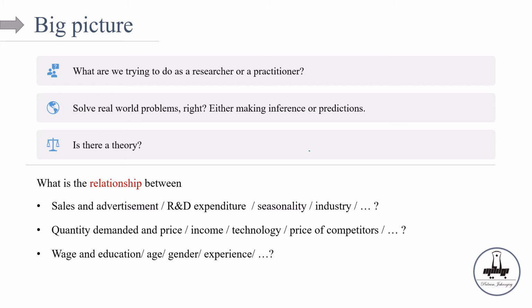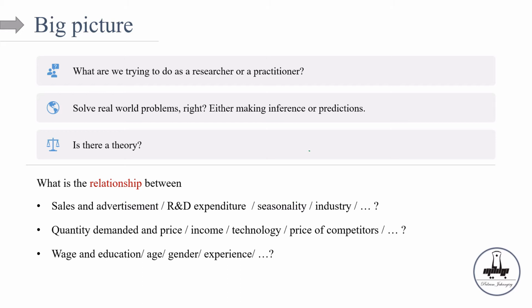Maybe for the quantity demanded ones, you have a beautiful, perfect underlying theory. But for the rest of the questions, there's not necessarily a theory. So we have to start from the data, right? Whatever the question is, we have to start from the data. We have to see, depending on the data, the type of the data set, we will end up working with either a machine learning model or an econometric model.